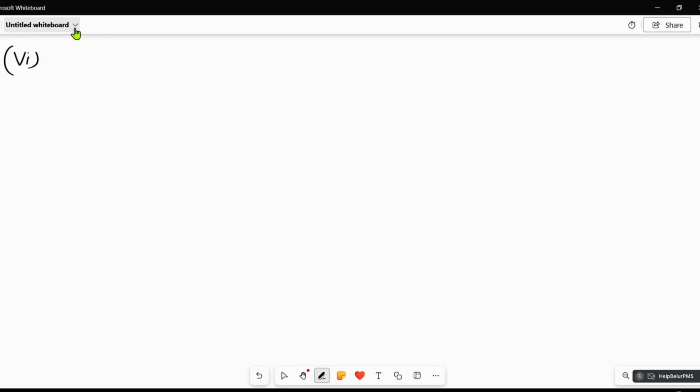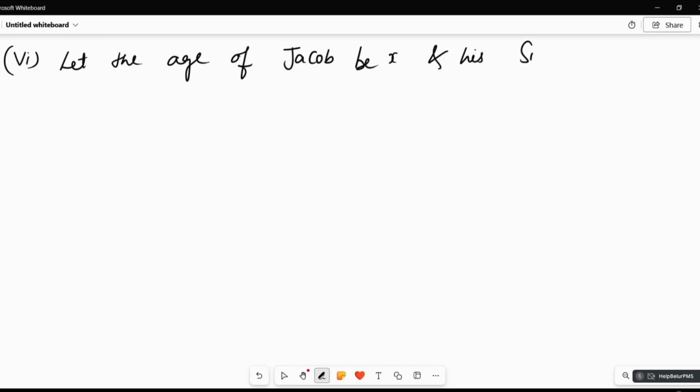Now, let the age of Jacob be x and his son be y. Okay, 5 years hence, after 5 years, Jacob will be 3 times that of his son.